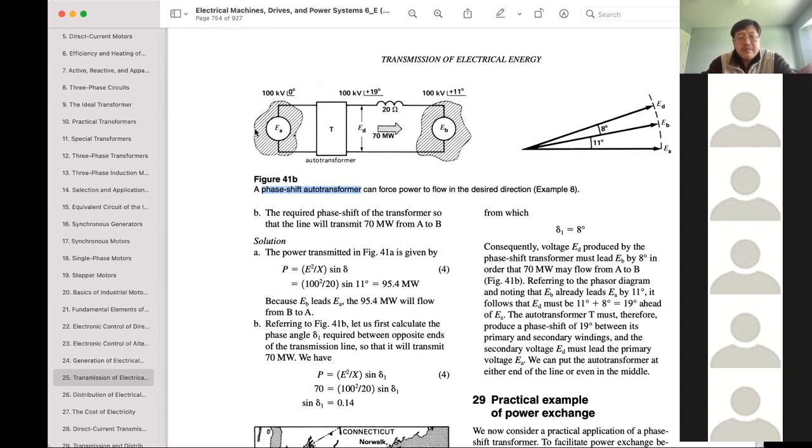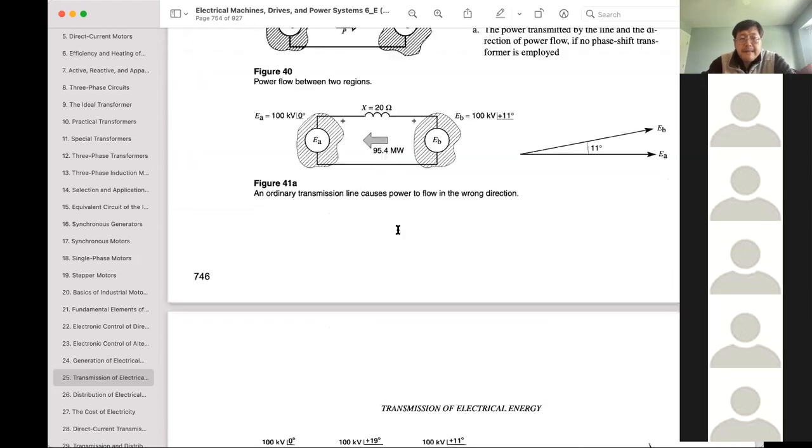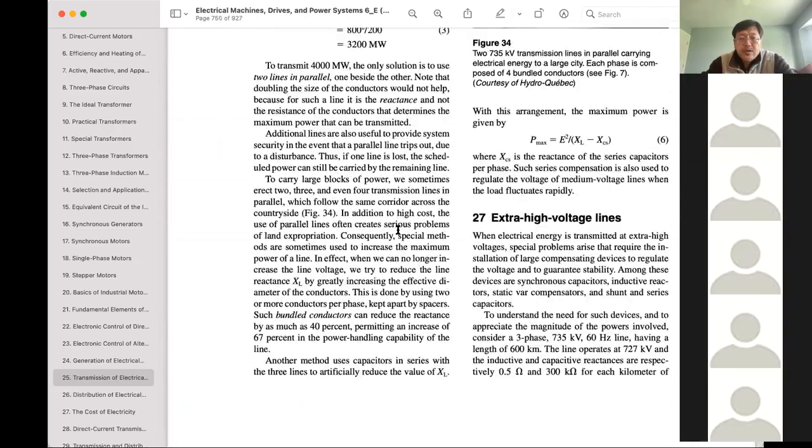Based on the season and the demand, they exchange power, and this power exchange is pre-programmed into the computer. The computer sends out commands to the phase shift transformers, and the phase shift transformers control the flow of energy, either left to right or right to left. So that's the fourth scenario.